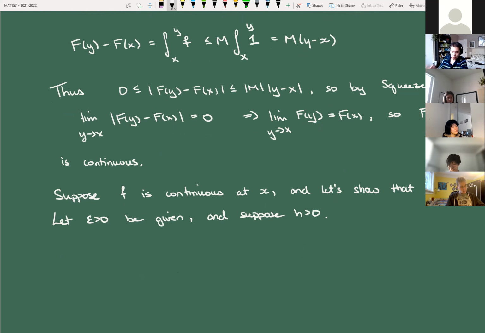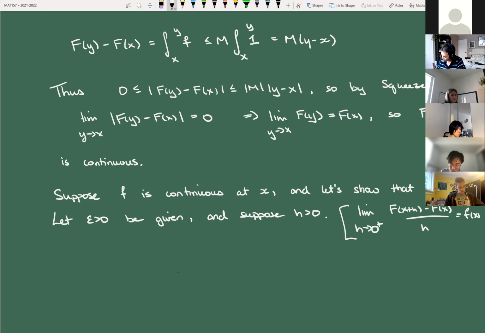So I'm going to start by showing that the limit as h approaches 0 from the right of F of x plus h minus F of x divided by h is f of x, right? Just so you see what I'm doing, but we're going to do that epsilon delta.